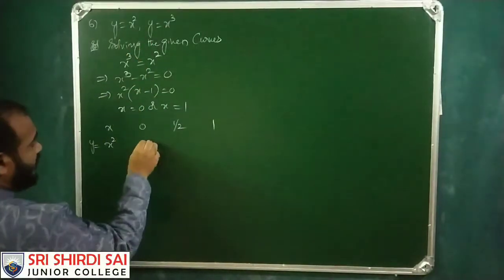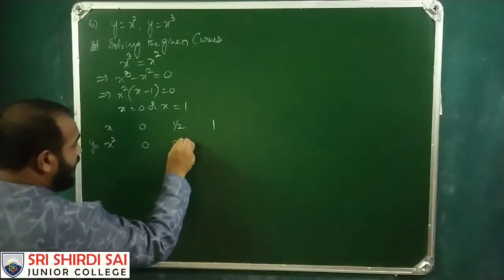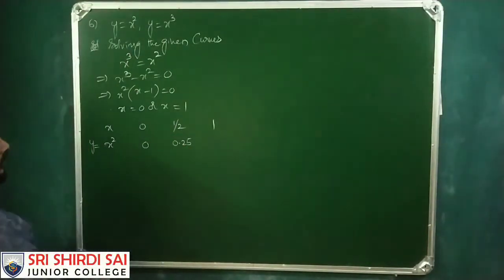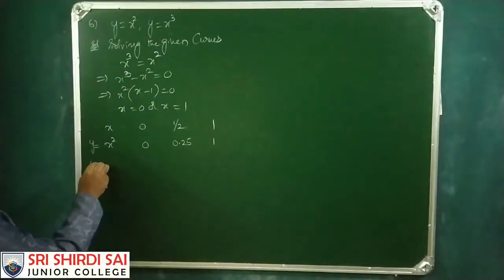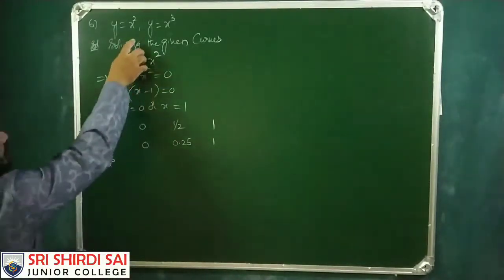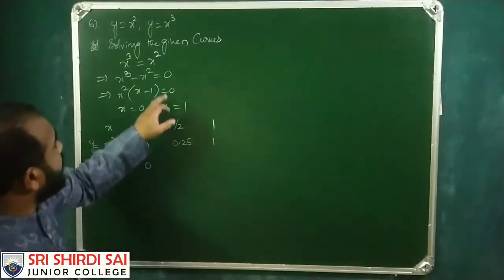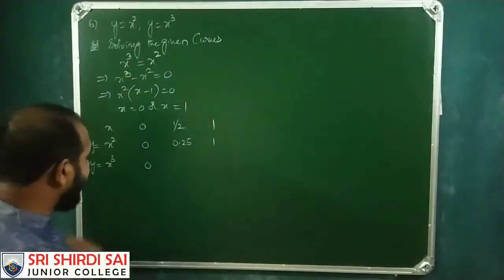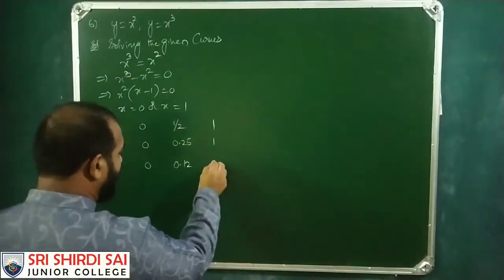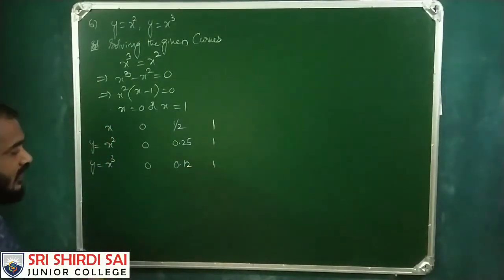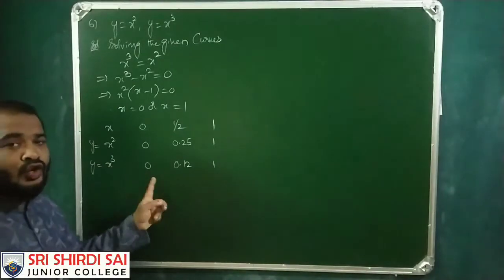So 0 square is 0, 1 by 2 whole square is 1 by 4 which is 0.25. Next 1 square is 1. Y equals x cube. 0 cube is 0. This is 1 by 2 whole cube which is 1 by 8, approximately 0.12, and 1 cube is 1. So one thing is sure that x square is the upper curve, x cube is the lower curve.